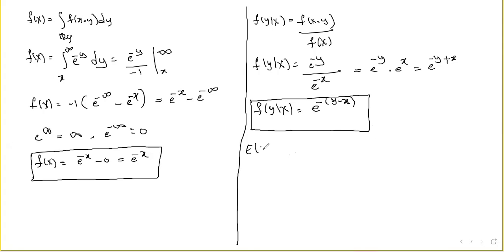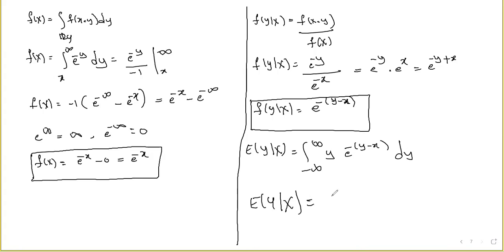Now, expected value of y given x, our target is to achieve this value. So integration minus infinity to infinity y e power minus of y minus x dy. So expected value of y given x equals integration 0 to infinity.